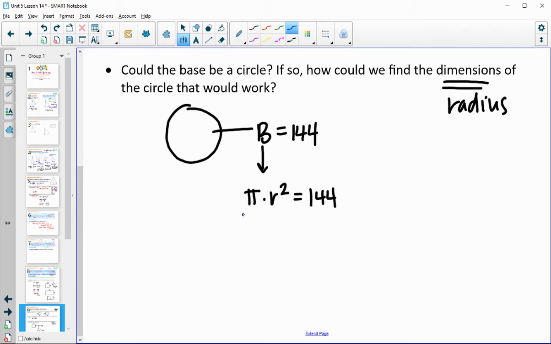So we would have needed to solve for the radius by dividing by pi on both sides. So 144 divided by pi would have given us 45.8.